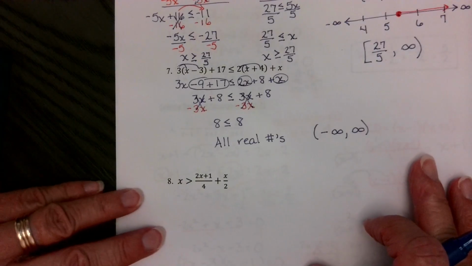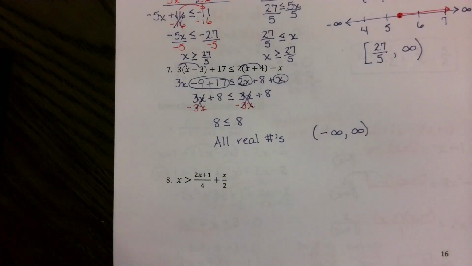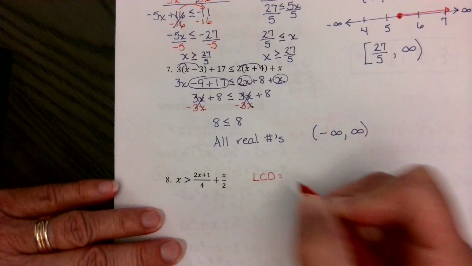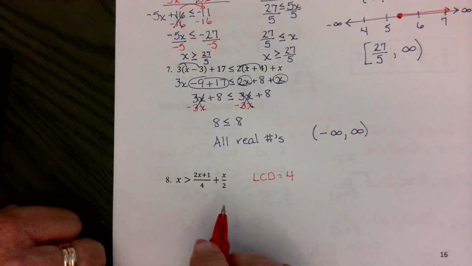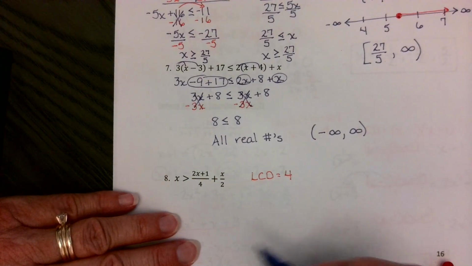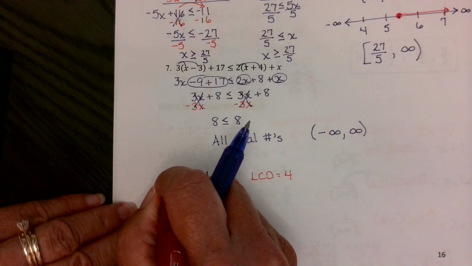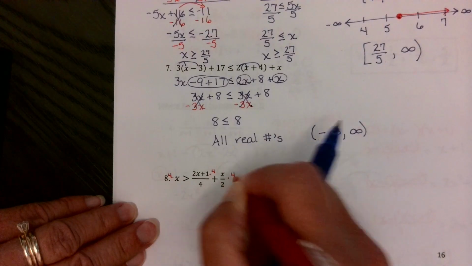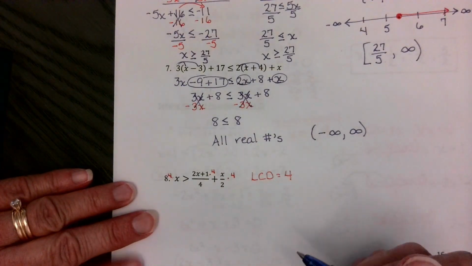Okay, and this one right here. We learned to get rid of our fractions by multiplying by our least common denominator. In this case, 4 and 2, it's going to be 4. Now, you're going to multiply everything you see by 4. So you're going to multiply this side by 4, you're going to multiply this by 4, and you're going to multiply this by 4. Now again, you can do this work down here if you want, but I'm running out of room.